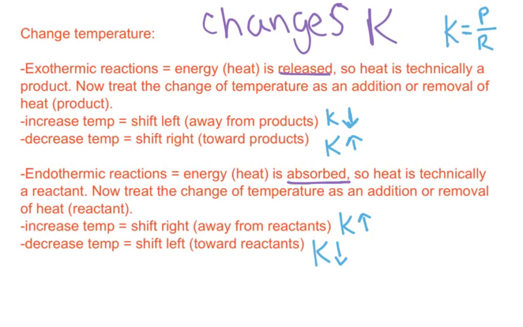Do you notice how shifting to the right for both of them causes K to increase? For both types of reactions, exo and endo, if you shift to the right, K is going to go up. And if you shift to the left, K is going to go down. But what causes us to shift to the left or to the right is different if it's endo or exo, because heat is being treated differently.